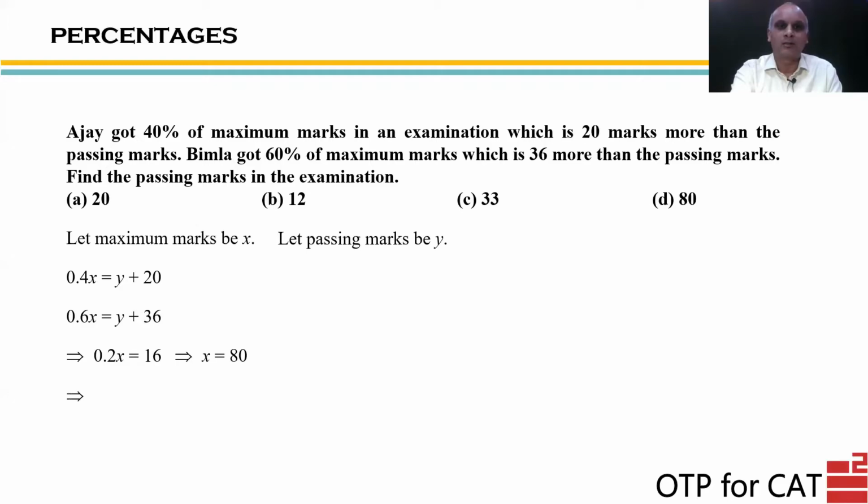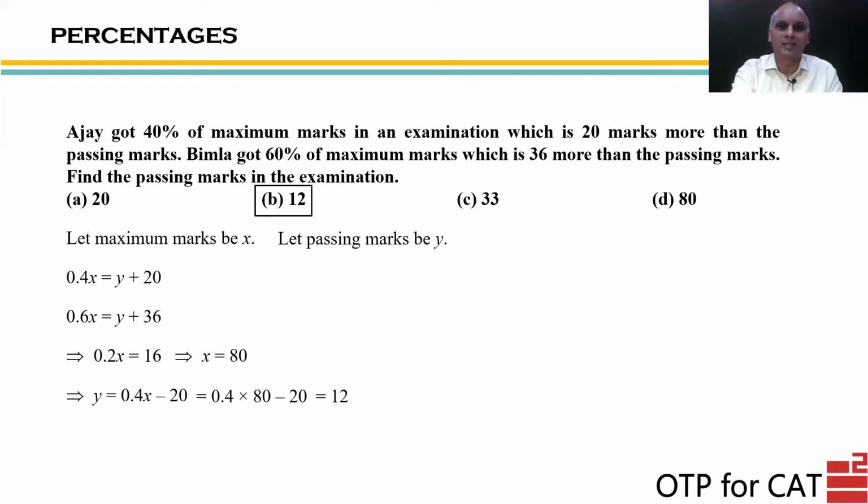So after I have got the value of the maximum marks, that is 80, I can put it back in any of the two given equations and hence find the value of y, which is the passing marks. So if I put this value of x in the first equation, I will get y is equal to 0.4x minus 20, and that gives me finally 12. And so we see that 12 is the correct answer.